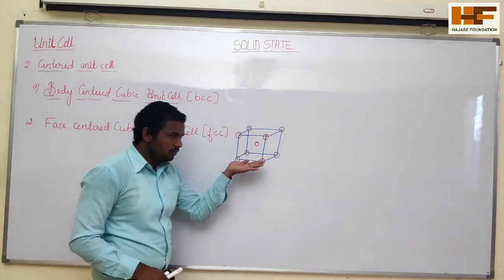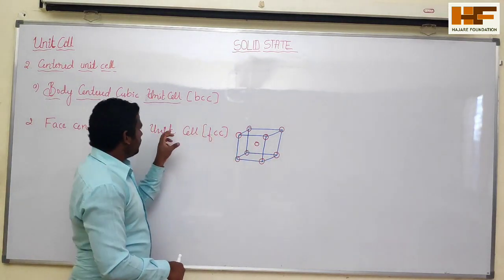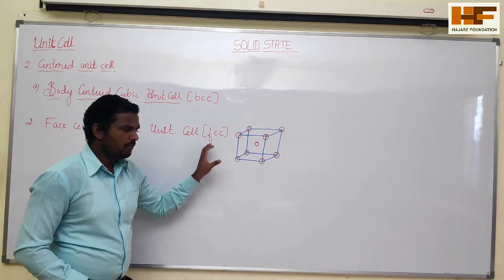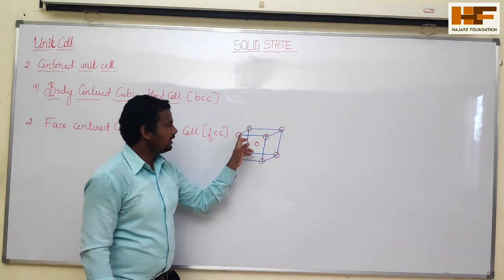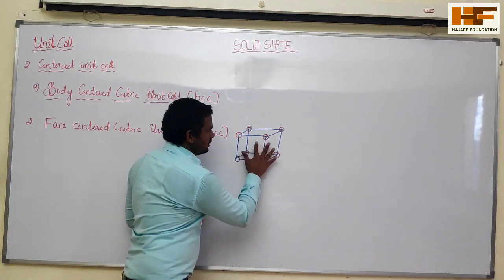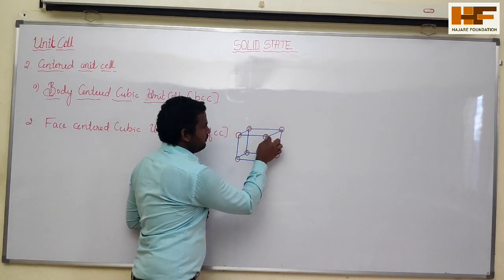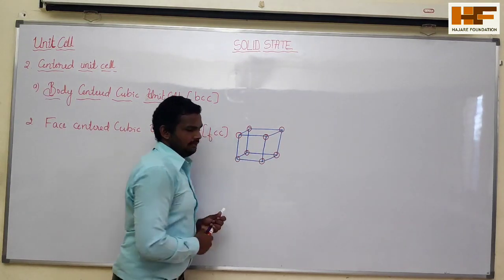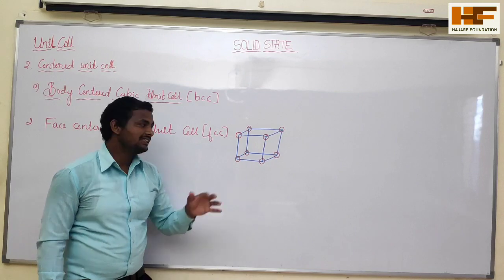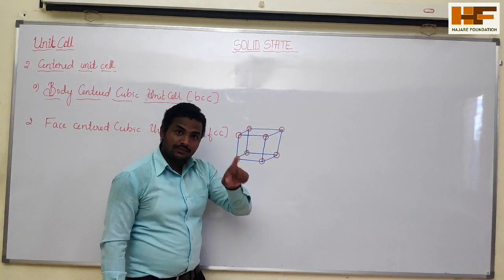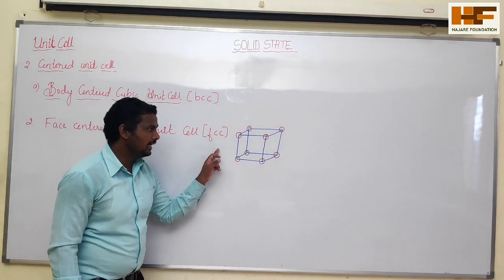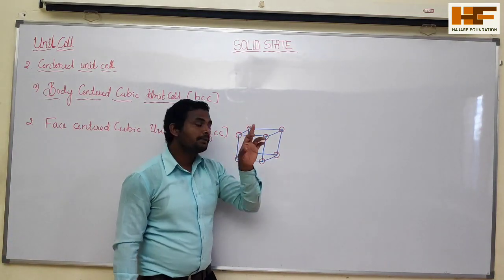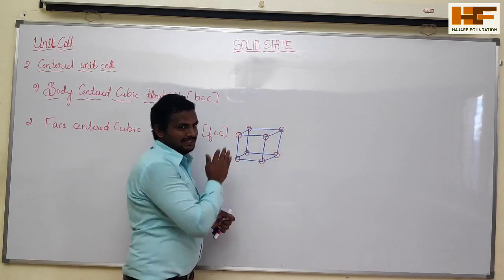So in the cube, constituent atoms are present in all the corners, all 8 corners: 1, 2, 3, 4, 5, 6, 7 and 8. Yes, constituent particles are present at all the corners, as well as in face centered cubic unit cell, constituent particles are present in all the faces.